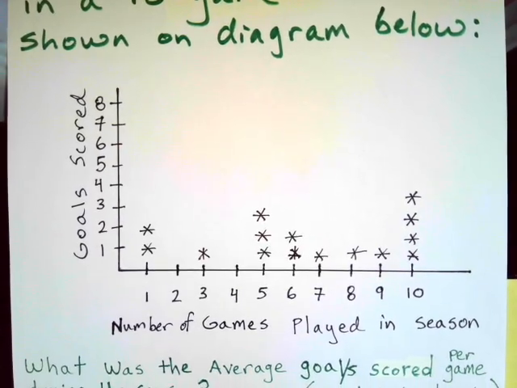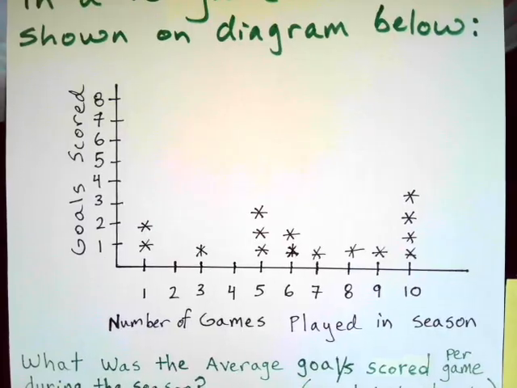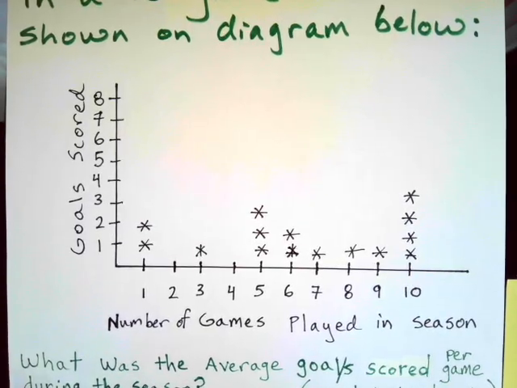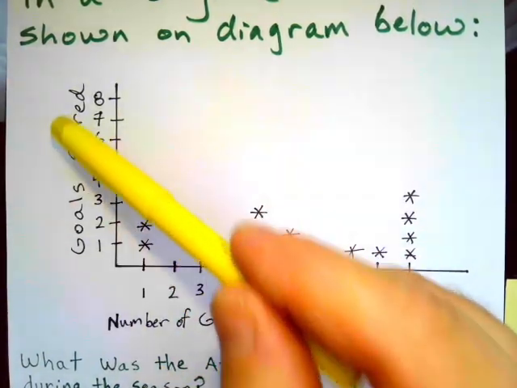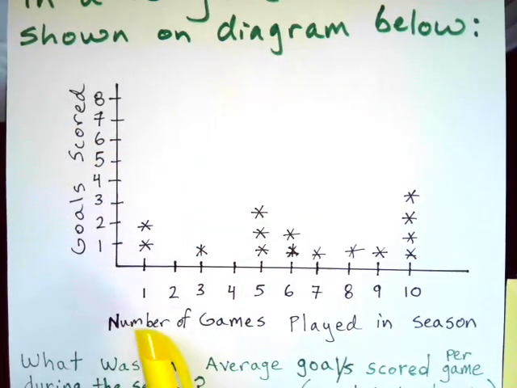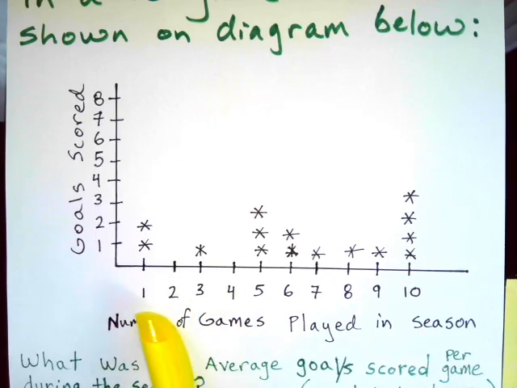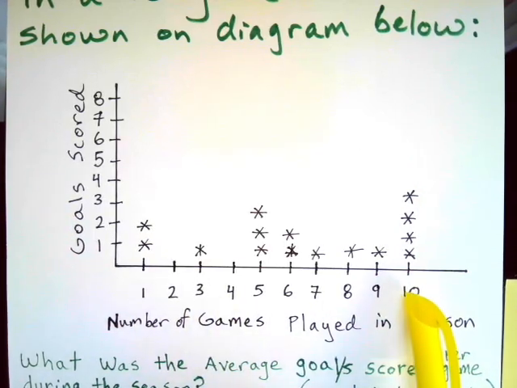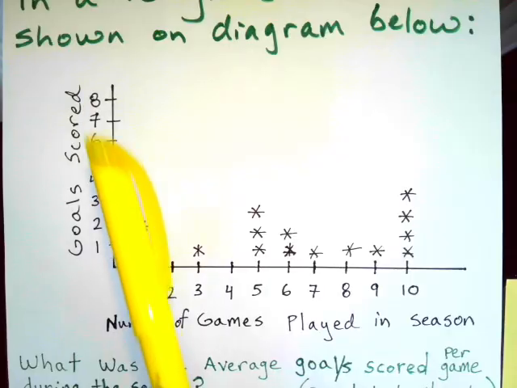And so you just got to do your best, maybe turn your head and try to read that. So here we have goals scored. So remember, each of these below here on the x-axis represents the number of games played. First game, second game, third game, all the way up to the 10th game. So going up the y-axis here, goals scored.